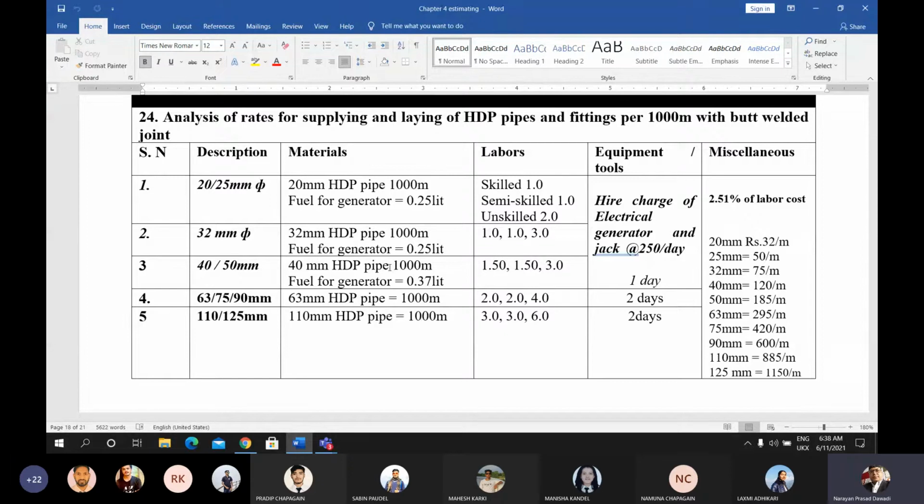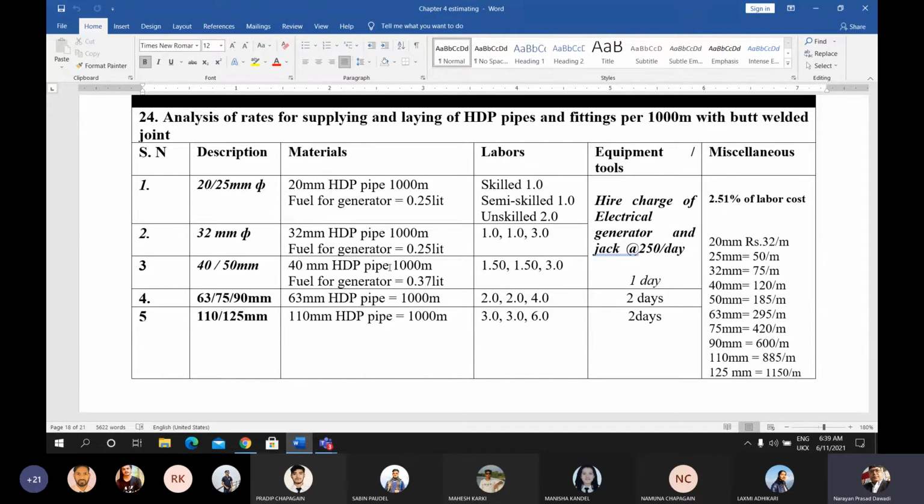But in the examination, you may generally be asked about small diameter high density polythene pipes. They are also used for water supply. If we have to use low cost pipes rather than GI pipes, we use high density polythene pipes.